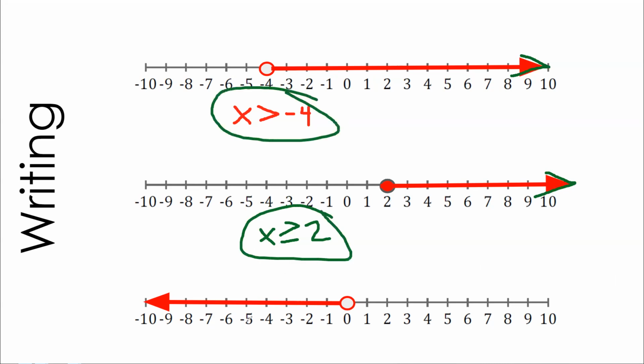So I want you to try to do this third problem on your own. Hopefully you're following the steps and you did x is less than 0. That should be your final answer. x is less than 0.